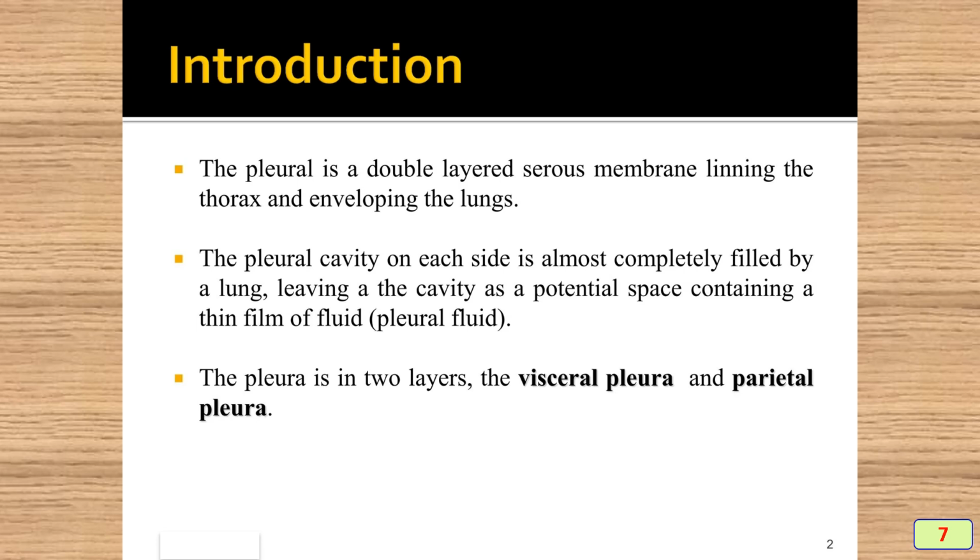The pleura is a double layered serous membrane lining the thorax and enveloping the lungs. The pleural cavity on each side is almost completely filled by a lung, leaving the cavity as a potential space containing a thin film of fluid. The pleura is in two layers: the visceral pleura and the parietal pleura.